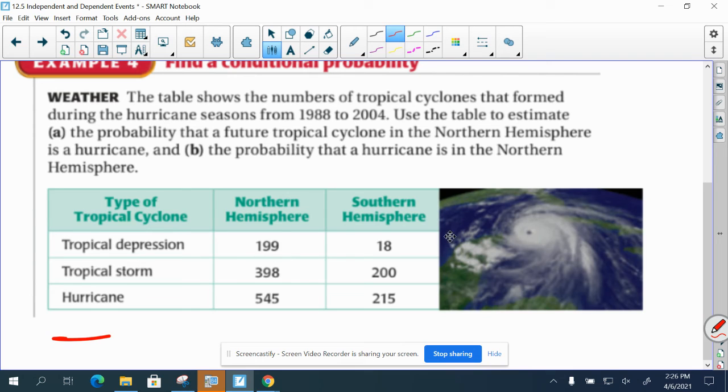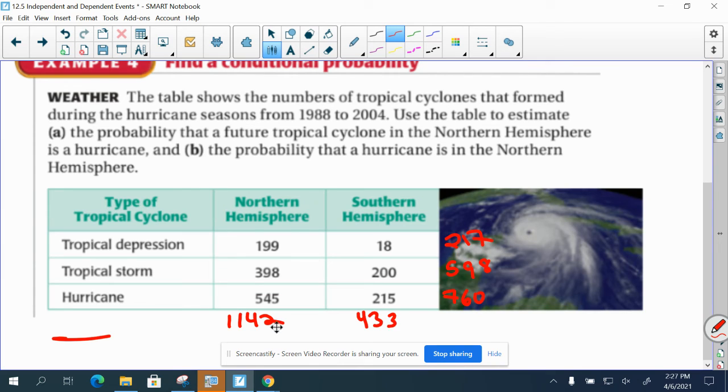199 and 18 make 217, 398 and 200 make 598, and then 545 and 215 make 760. If you add these two, just to cut to the chase, you get 1142, and then you get 433.